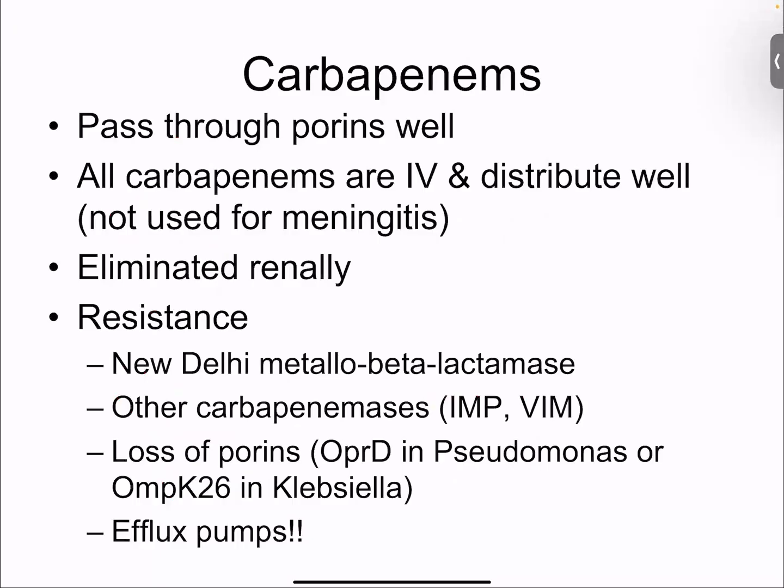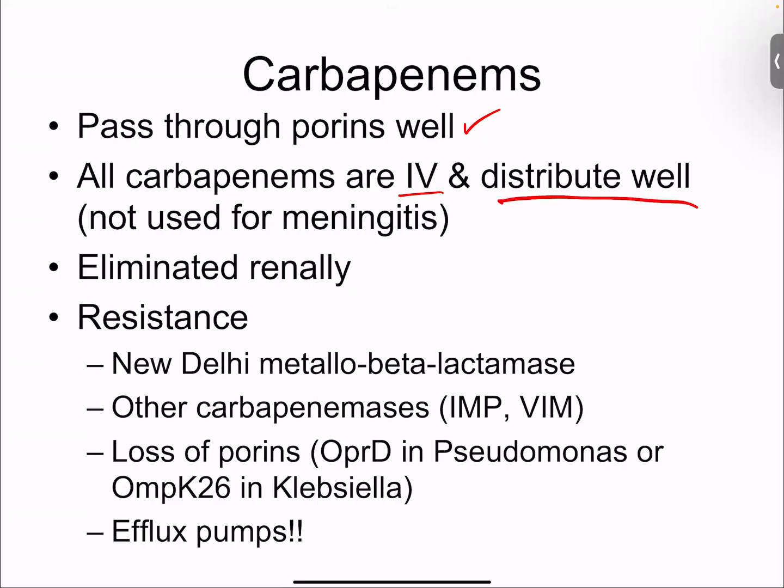Carbapenems are very water soluble, typically a little bit smaller relative to some of the cephalosporins, and as such, they pass through porins well. So that predicts good gram-negative coverage. Up to this point in time, all of the carbapenems are IV, although we do have some oral agents in development, and they do distribute well.